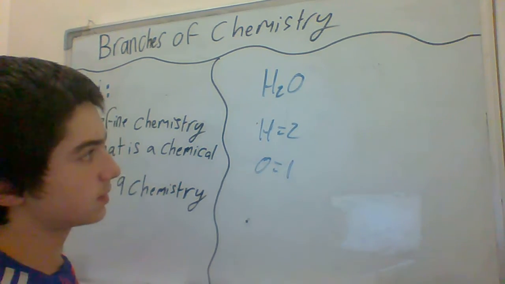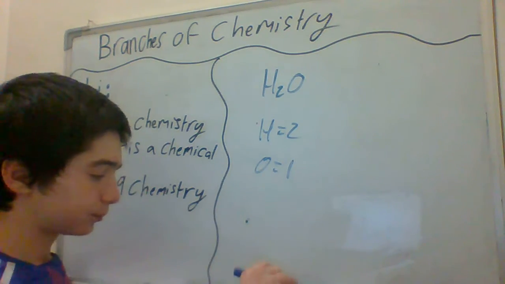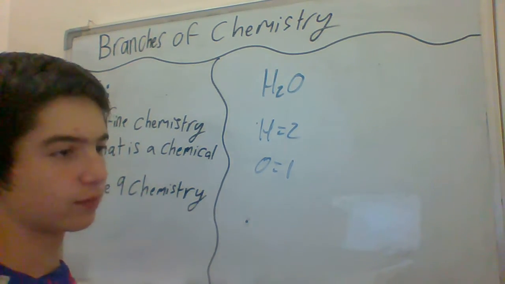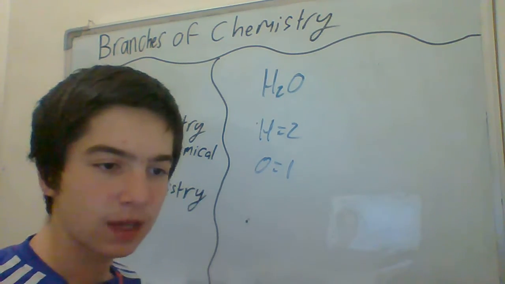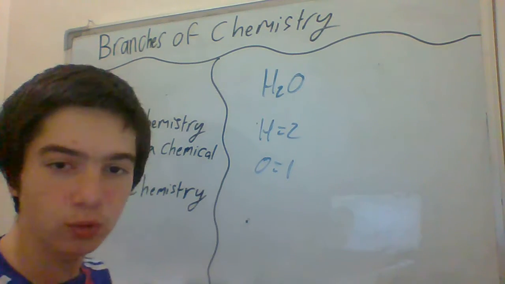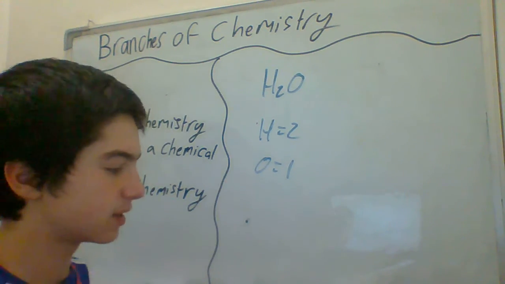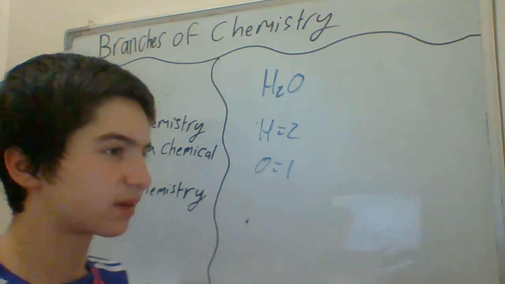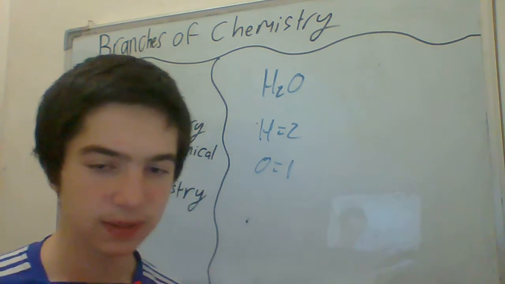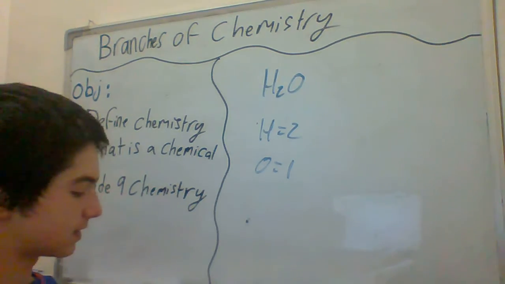We analyzed it, so we can tell the percentages and also the purity. If we go deeper, we can tell whether that water is pure, only H2O, distilled water, or has other impurities like dangerous elements that can harm us. So that's all about analytical.